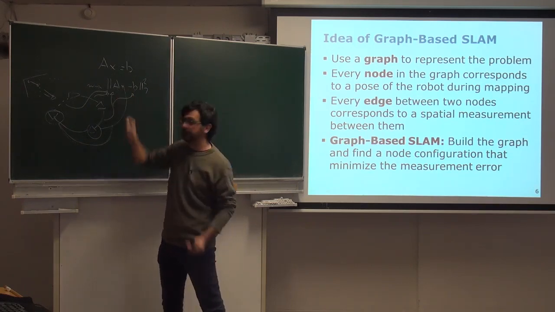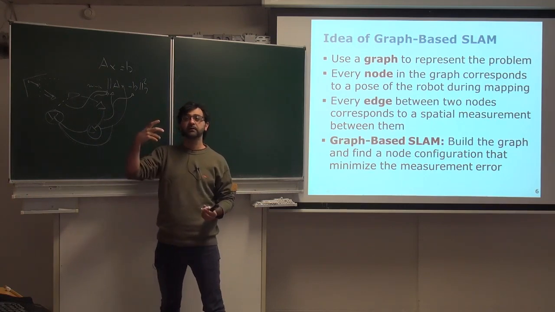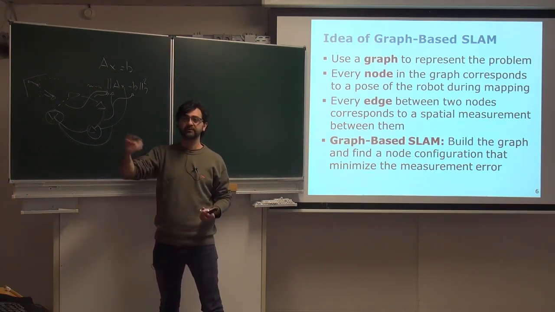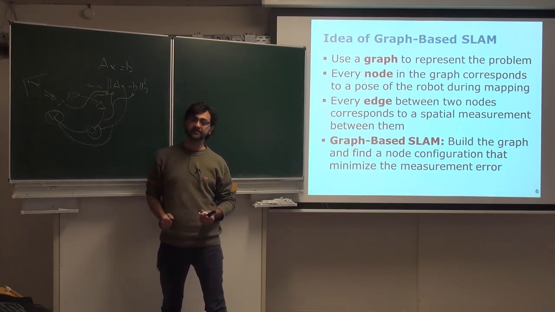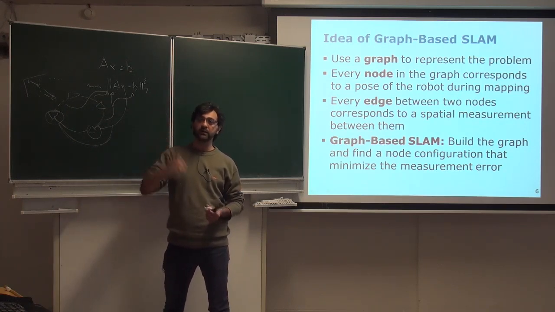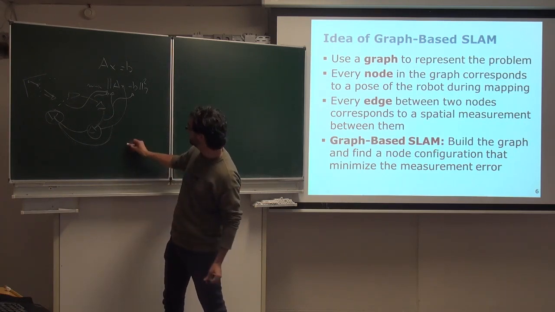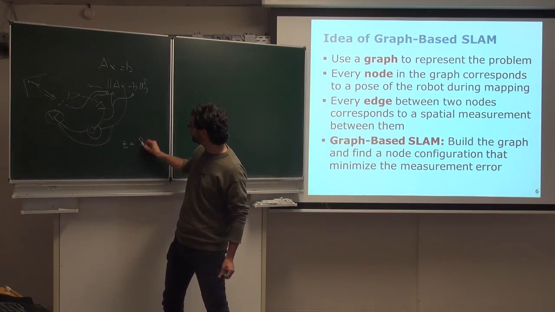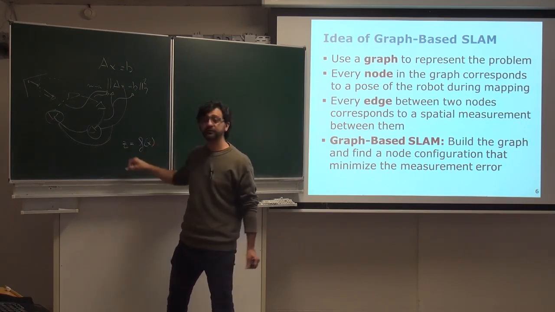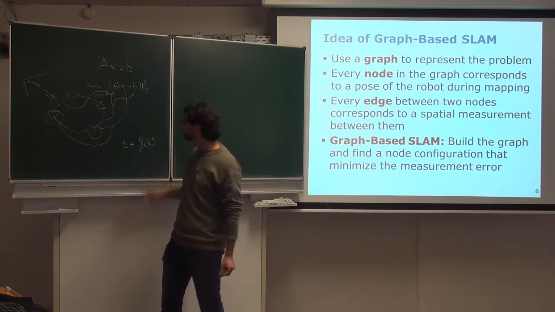And the A is how the measurement relates to the state, which is what, for instance, we have seen as our measurement model. And you normally have something like, this is my measurement, this is equal to a function of the state, this is our observation function.